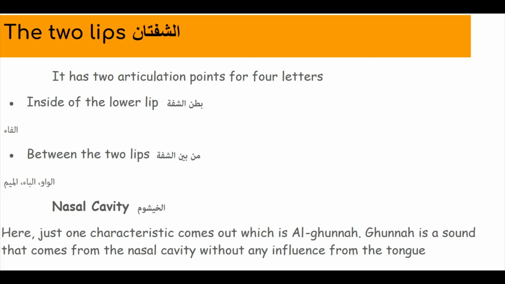If you want to know whether you are observing your ghunna, that is nasalization, very well, you can just close your two lips. For instance, you want to say, you can see that it has nothing to do with the throat, but it has something to do with the lips, in the sense that you want to pronounce a letter being pronounced from the lips.